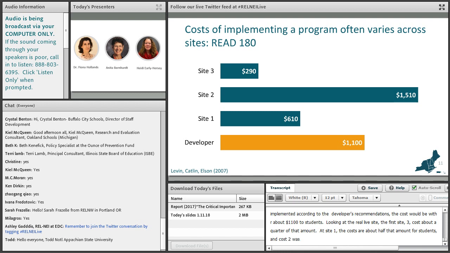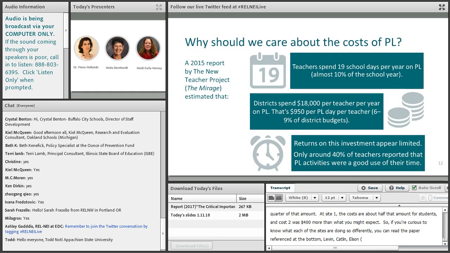So if you're curious to know what each of the sites is doing so differently to result in such different costs, you can read the paper that's referenced at the bottom, Levin, Catlin, Alston, 2007. It's quite eye-opening. This paper and any others that I refer to will be in the reference list at the end of the slides.